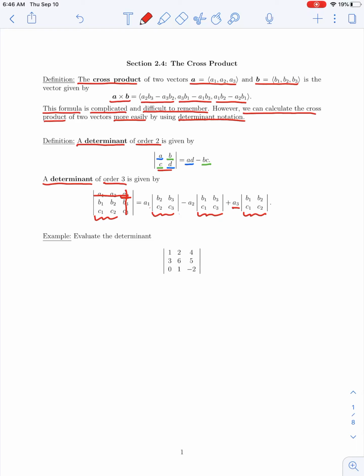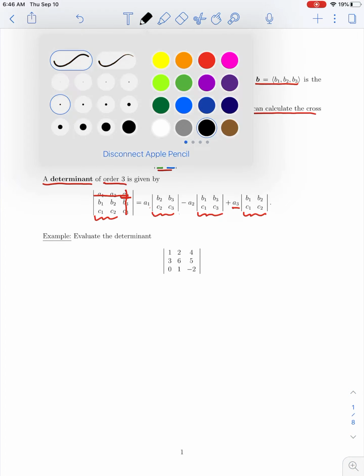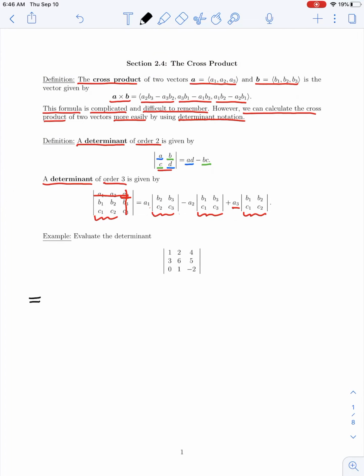So using the definition of the determinant of a 3 by 3 matrix, we're going to start by taking the first entry in my first row, which was the number 1, and then I'm going to multiply by the determinant of the 2 by 2 submatrix I get by deleting the first row and first column, which would leave me with the matrix 6, 5, 1, negative 2.